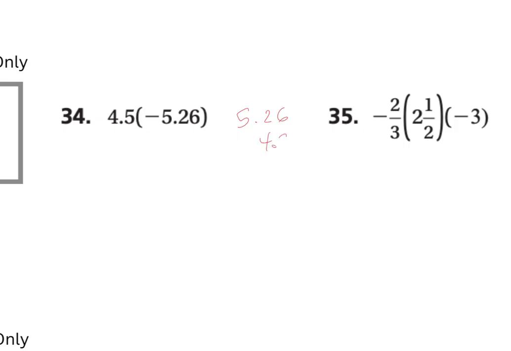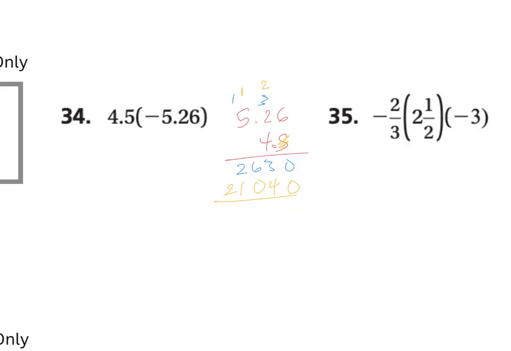5.26 times 4.5. 5 times 6 is 30. Carry the 3, 10, carry the 1, 25, 26. Throw a 0 in there because we're done with the 5. Now we're technically multiplying by tens. 6 times 4 is 24. 4 times 2 is 8. With the 2, that makes 10. 4 times 5 is 21.